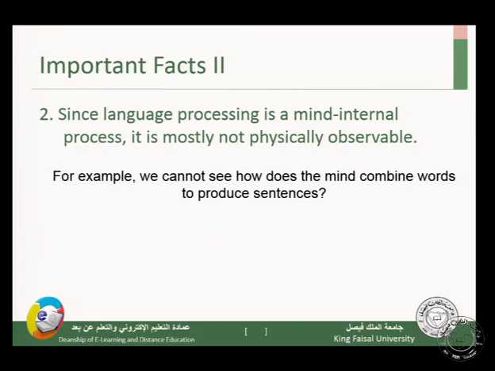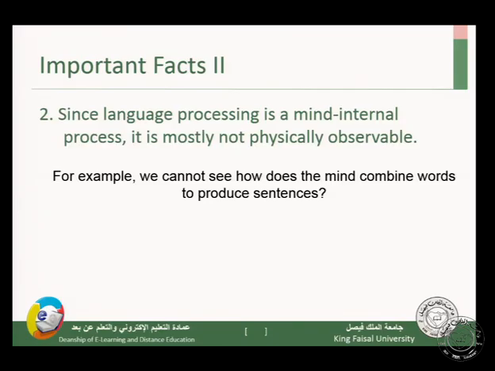For example, we cannot see how the mind combines words to produce sentences. If you had an MRI or a brain imaging operation and tried to look at the brain while someone is speaking, are you going to see how the brain brings one word and links it to the other?